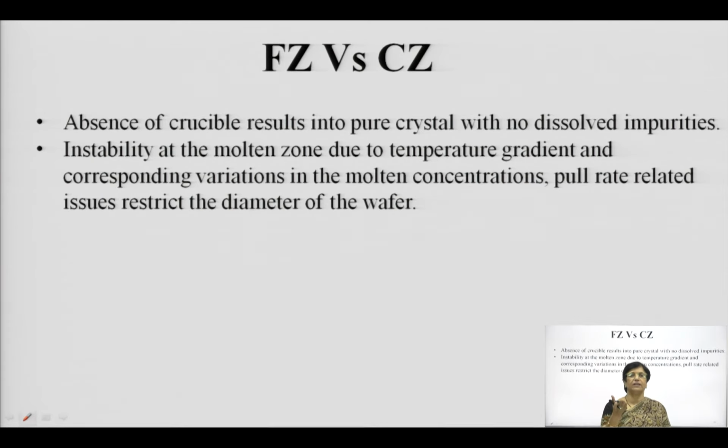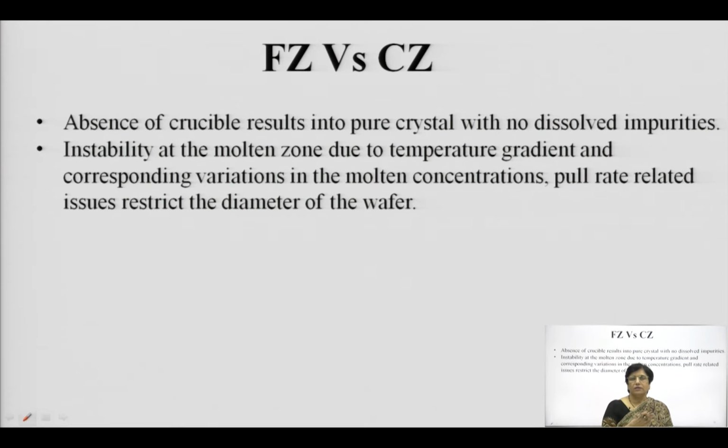The interface where the solid seed crystal and the molten silicon come in contact has to be very precise, there has to be uniformity in the contact surface, and the rate at which the solidification is happening will define the seed crystal pulling rate.